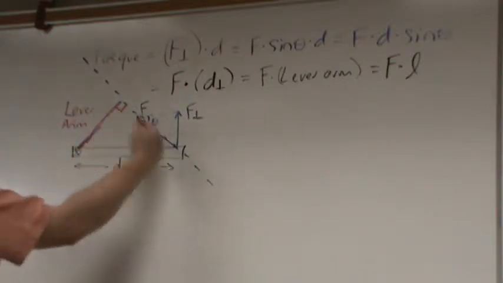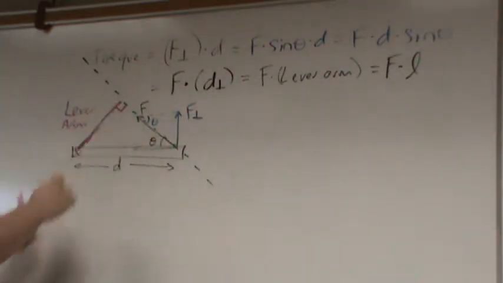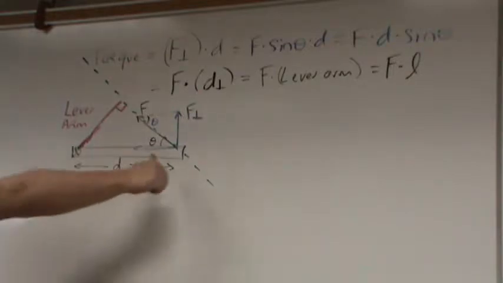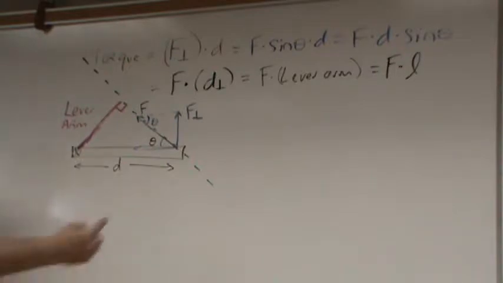By exerting my force in this direction, I'm effectively shortening the length of my wrench. Let's say this is a wrench and you're exerting a force on it to turn a bolt. By exerting your force at this angle, you're making it so that your wrench is only that long.